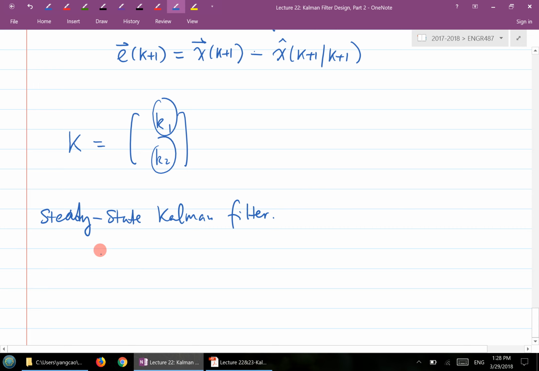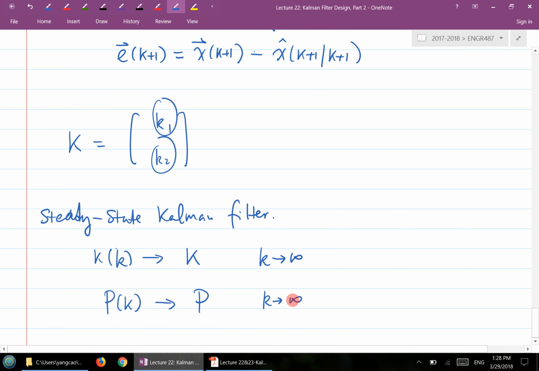Steady state Kalman filter basically means your Kalman filter gain K will approach a certain constant as k goes to infinity. Same thing, that P matrix will also go to a constant P here as k goes to infinity.